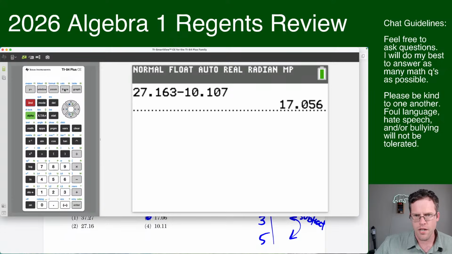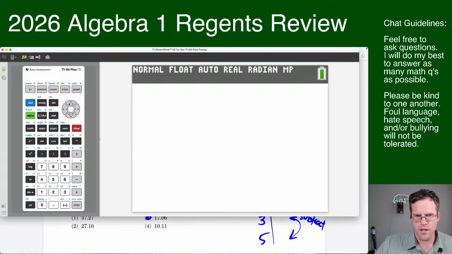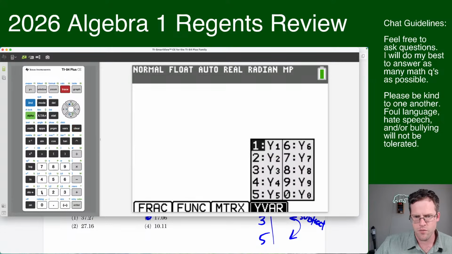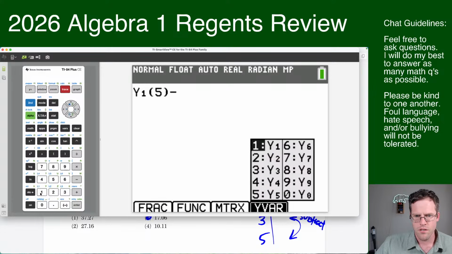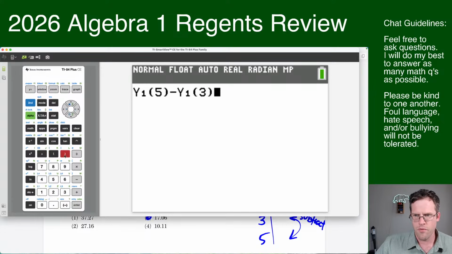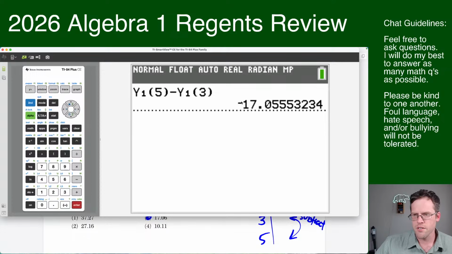If I do second trace, well, hang on. Alpha trace y1 of 5 minus alpha trace y1 of 3 and press enter, the value decreased here, but you see you still get 17.06. So that's like doing f of 5 minus f of 3. Okay. Cool. All right.